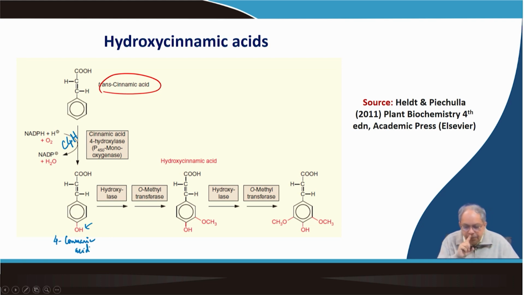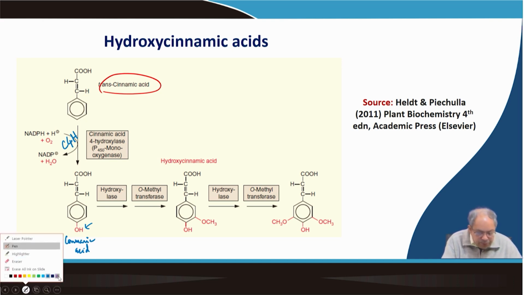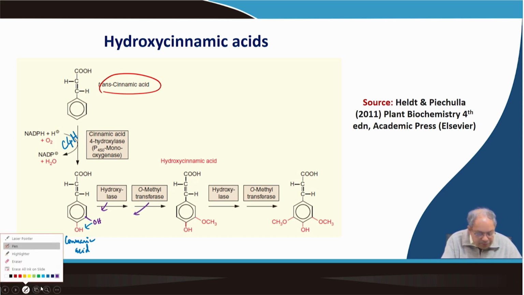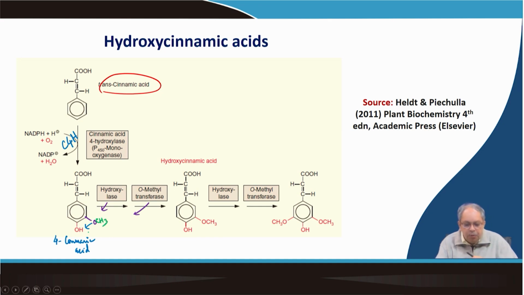And then we will also see, from 4-coumaric acid, first a hydroxyl will be added here, and that is the job of the hydroxylase, and the next job will be that this will be replaced by a methyl group.